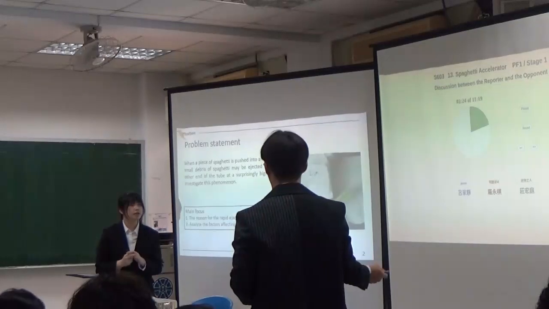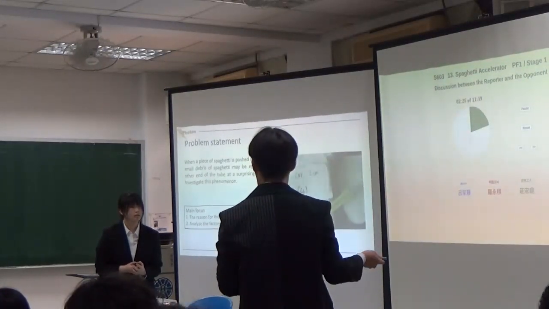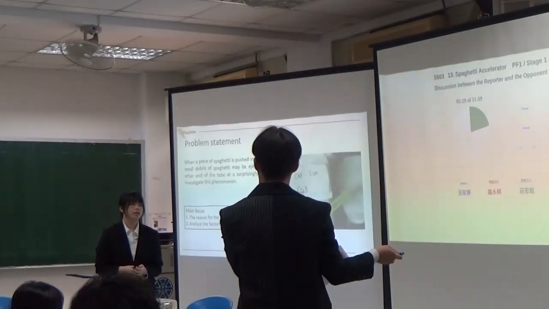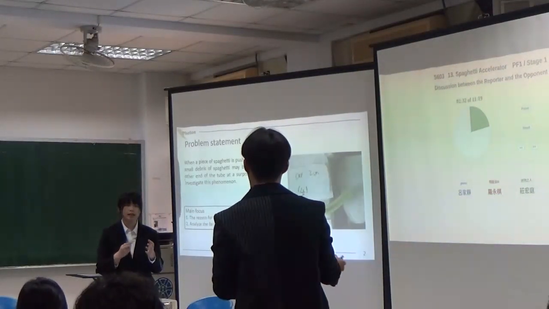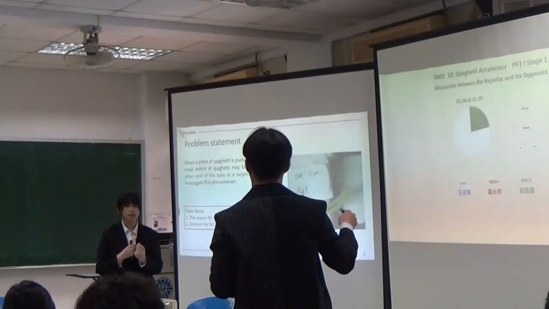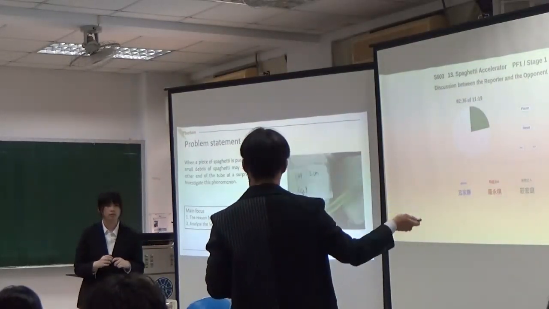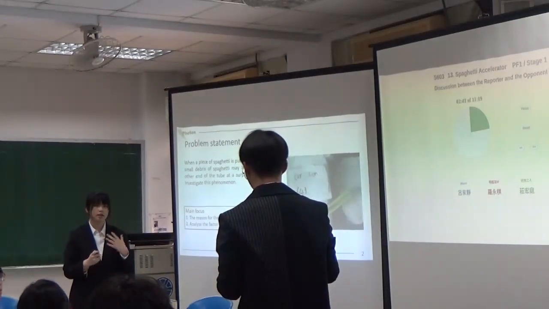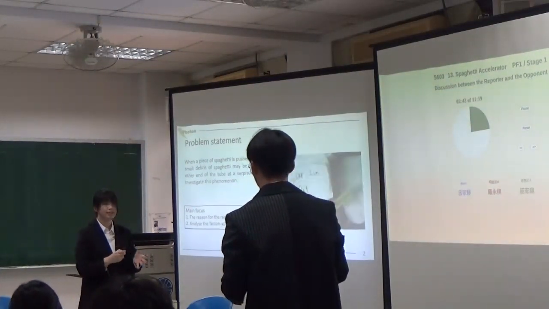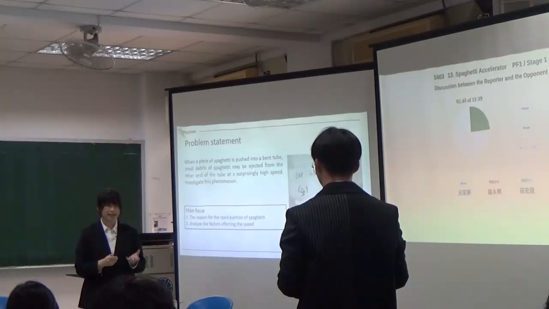Do you have any question to get the exact value of I? Like, what's the exact value? No, we don't have the value, but in our experiment the I is the same because we use the same spaghetti.